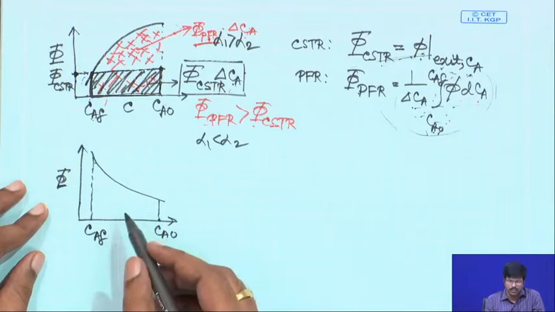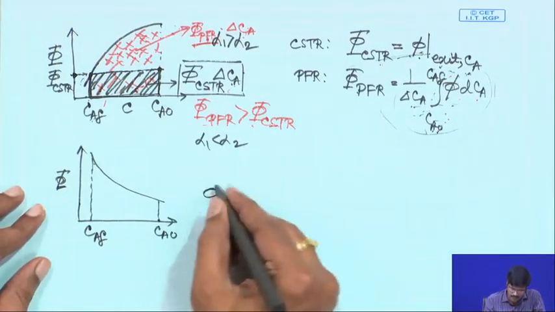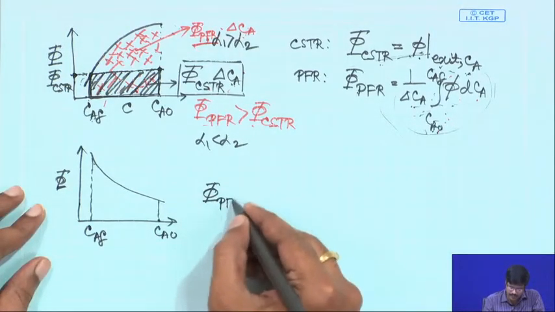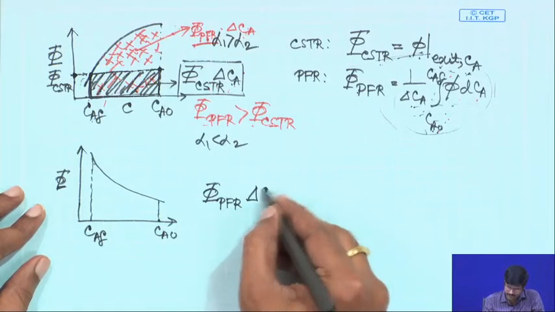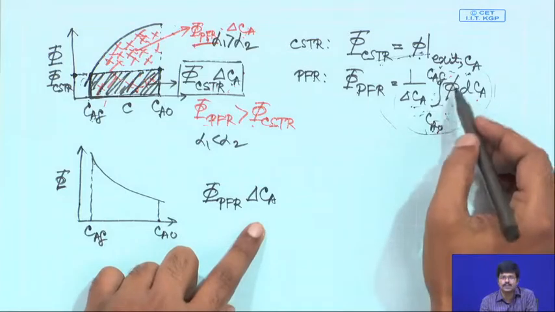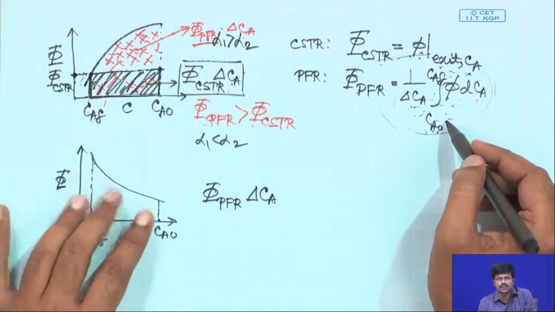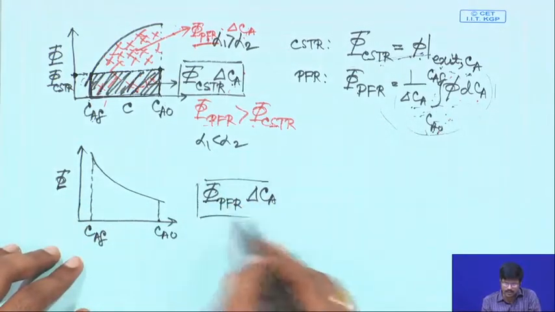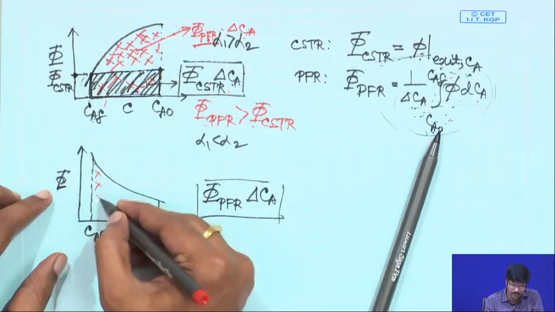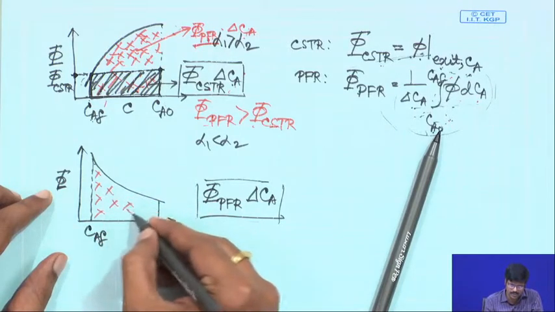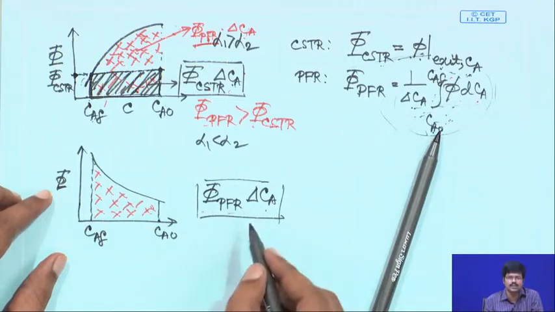Now, if you are looking for this particular term which is phi PFR into delta CA, because this is the term that gives you this integral for PFR, and let us apply this situation for PFR, then what is this term? This is again the integral under this curve, this whole area under the curve. This area is phi PFR into delta CA.